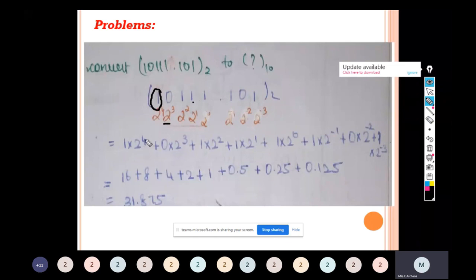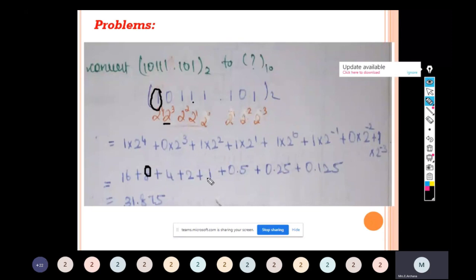So 2 power 4 is 16, and 16 into 1 is 16. 0 into 2 power 3, where 2 power 3 is 8, the value will be 0. Plus 2 power 2 is 4, 4 into 1 is 4. Plus 2 power 1 is 2.